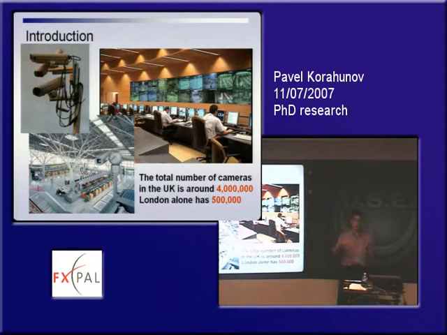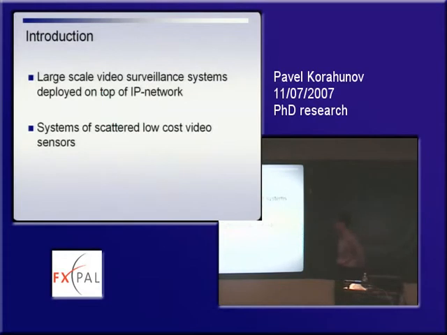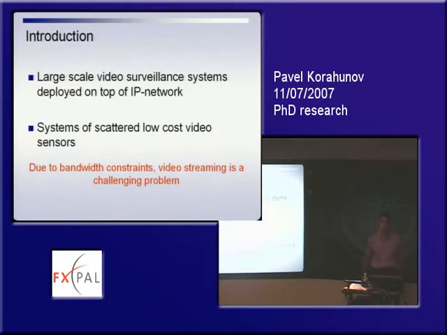Instead of humans, the algorithms will be watching the video. We assume a large scale system of scattered low cost video sensors, where bandwidth is a limited resource and streaming of video is a challenging problem. So the point is how to minimize the video bitrate in such systems.